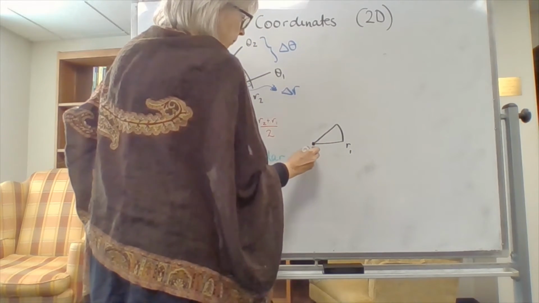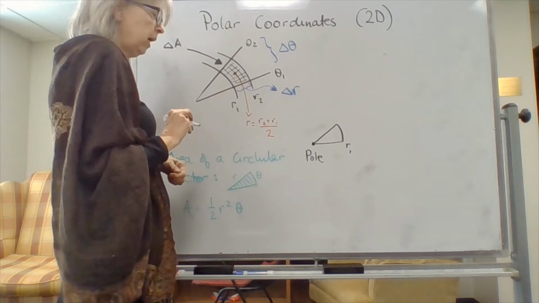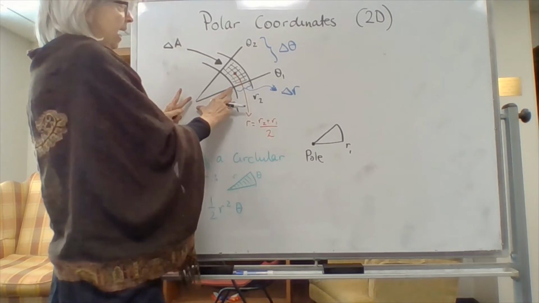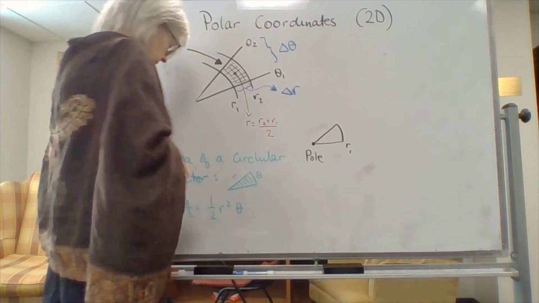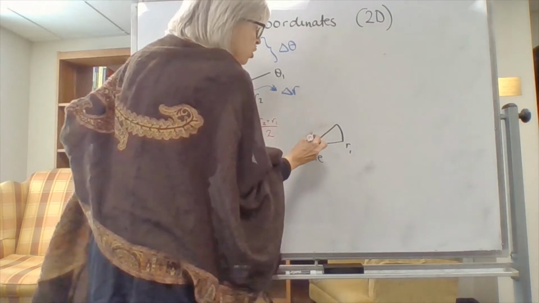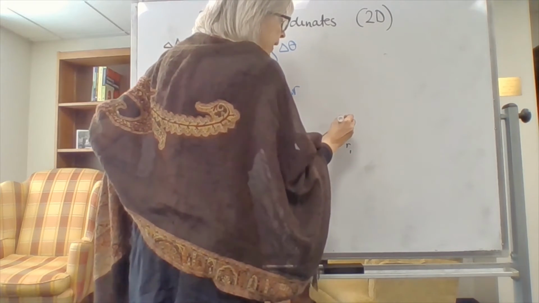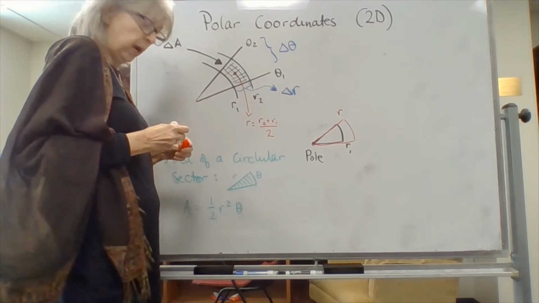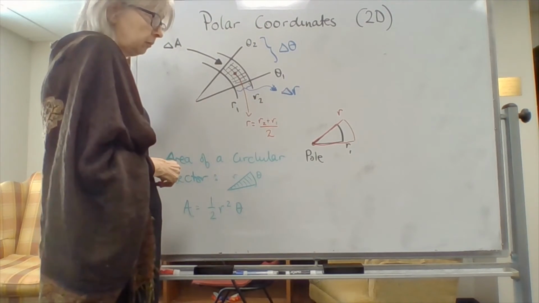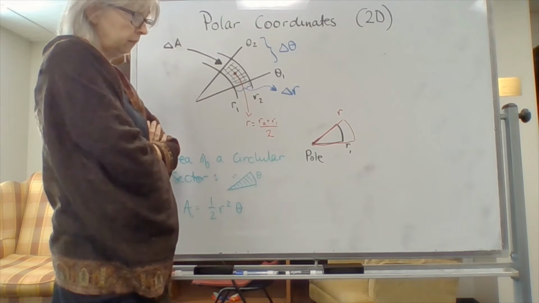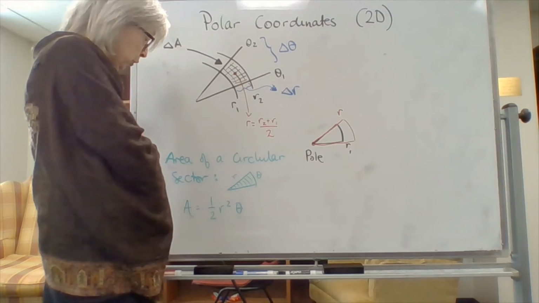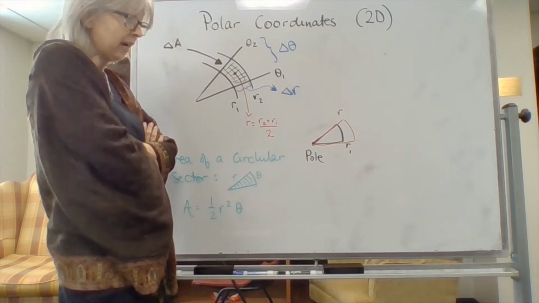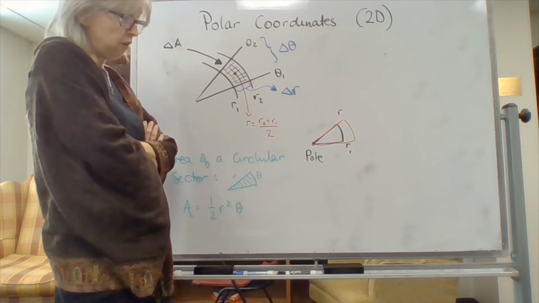So there's the pole, there's R1, and using this formula for the area of a circular sector, I can find the area of that piece. Then starting at the pole, going out to the radius that I called little r, I can use the formula for the area of a circular sector to find the area of that slice of pie.